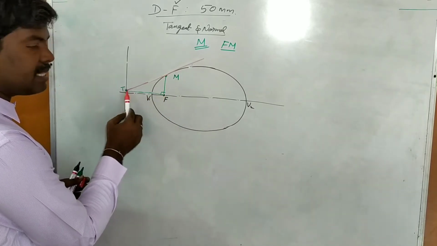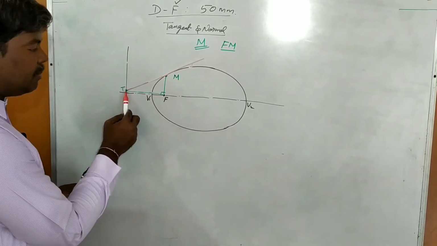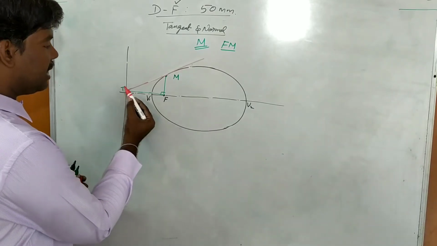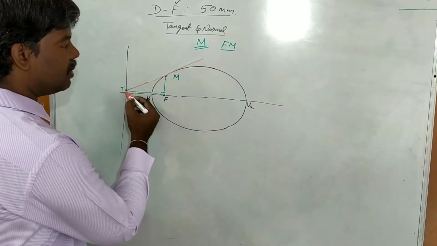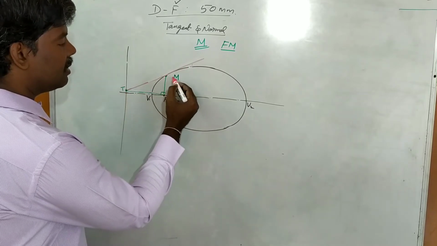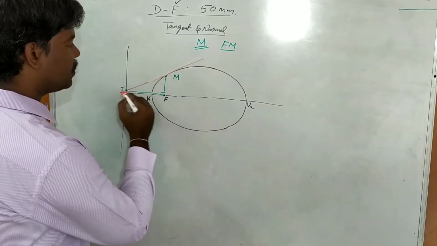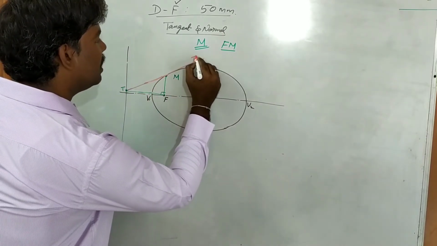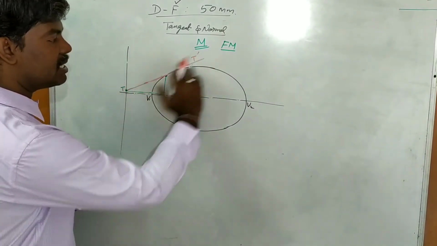That perpendicular line, where it is intersecting on that directrix, that point let us consider as letter T. T stands for tangent. Then from T you draw one straight line that is passing through letter M. So this one is called tangent. So T T dash, it is the tangent.